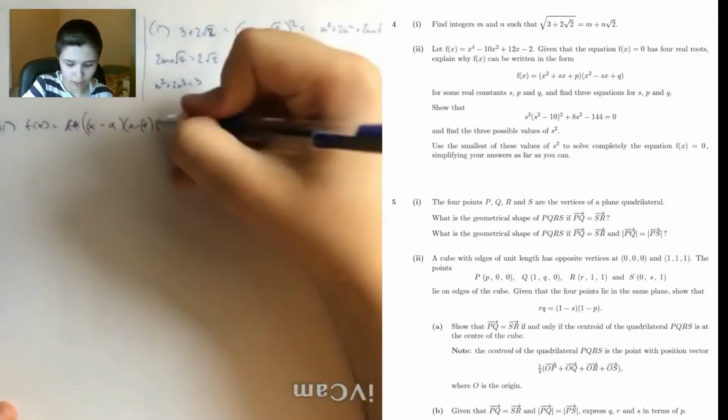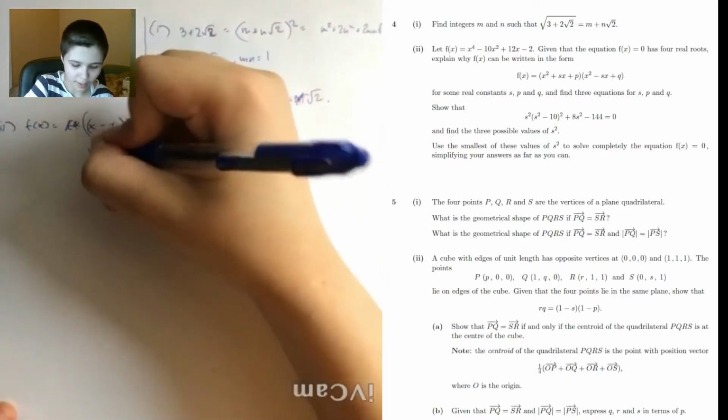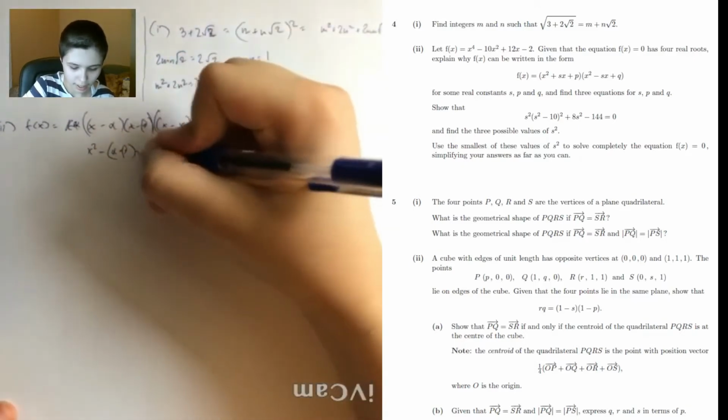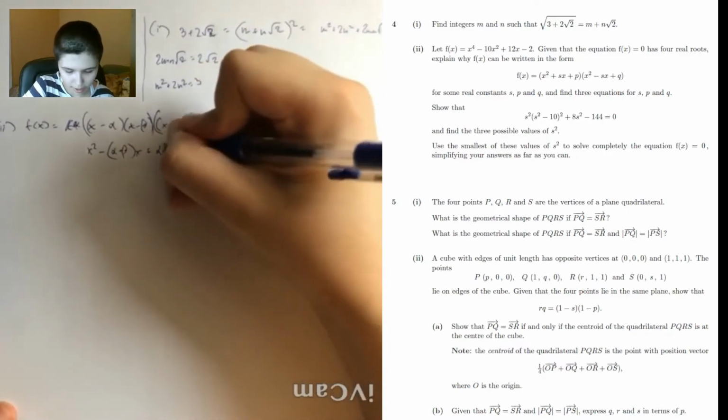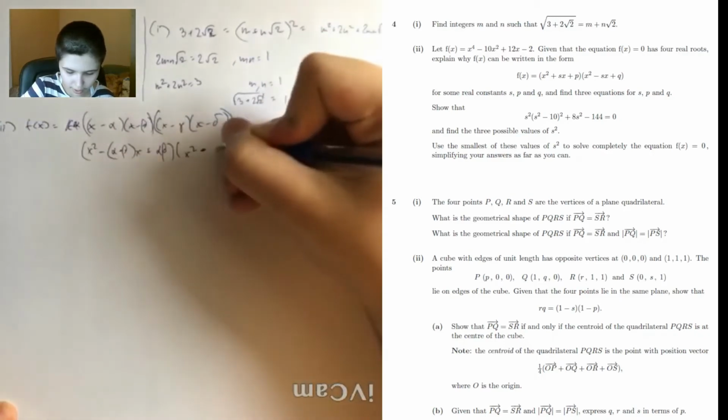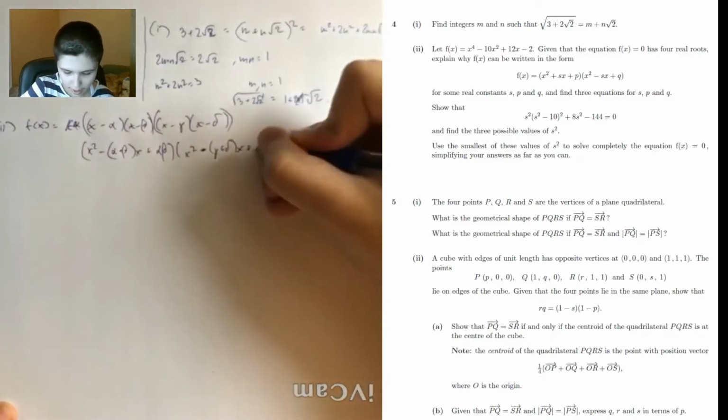And so grouping these two together, we have x squared minus (alpha plus beta) x plus alpha beta, and x squared minus (gamma plus delta) x plus gamma delta.